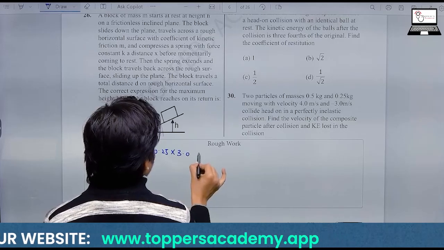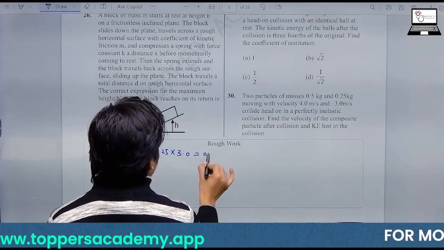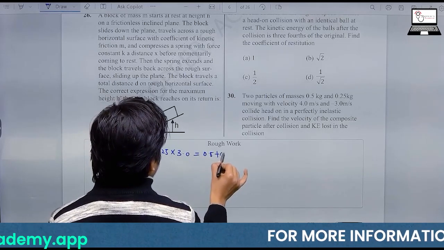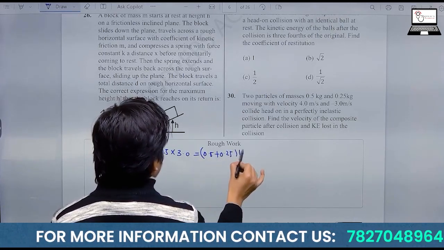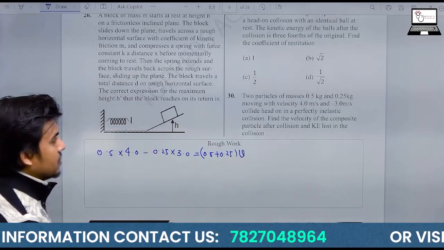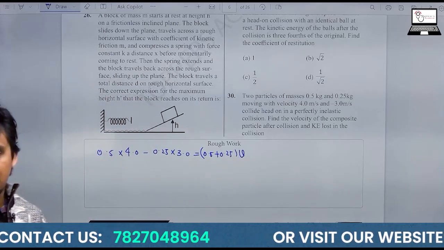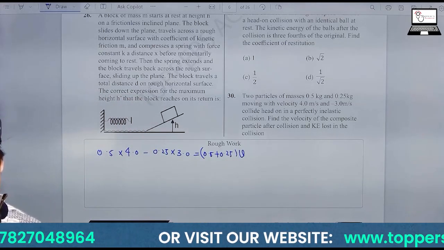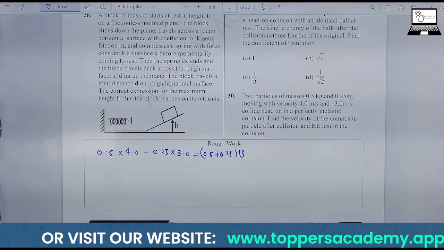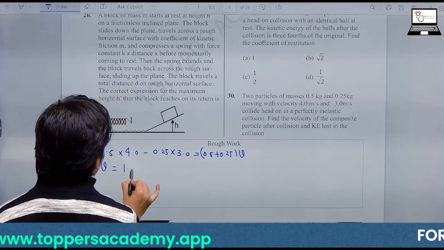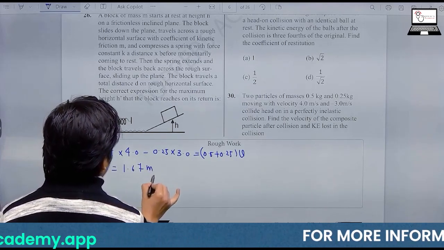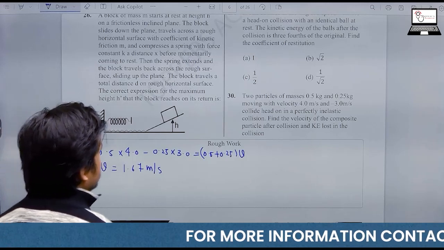That will be equal to (0.5 plus 0.25) into V. From there, you can find the velocity, and that velocity comes out to be 1.67 meter per second.